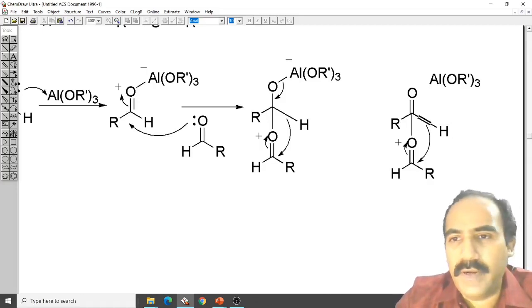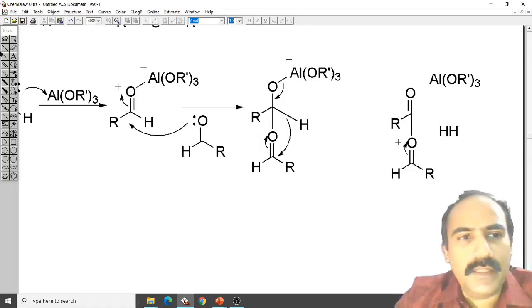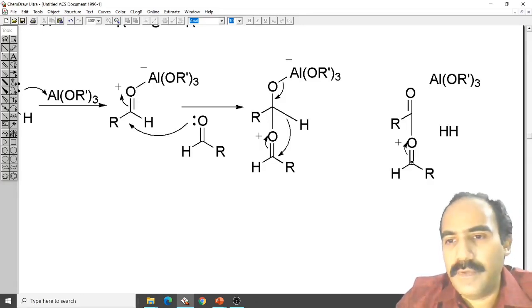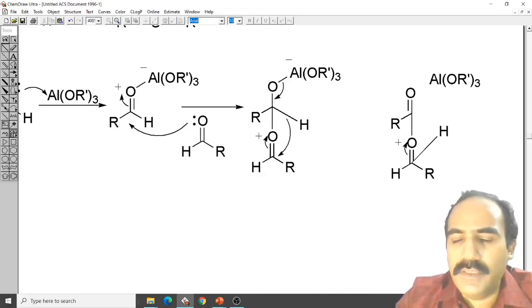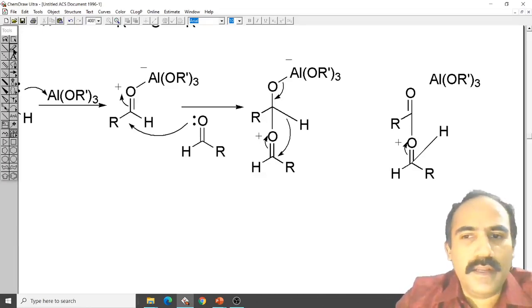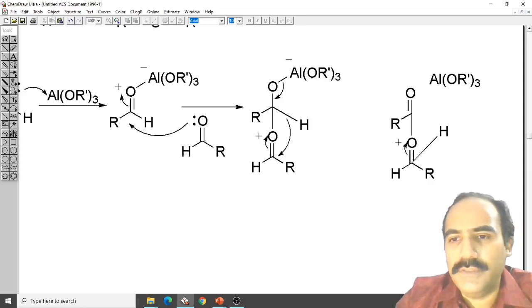So this bond breaks and a new bond forms from here. Okay, now as this bond forms, an old bond will break and both electrons will go to oxygen. As both electrons go to oxygen, oxygen will not have this positive charge.